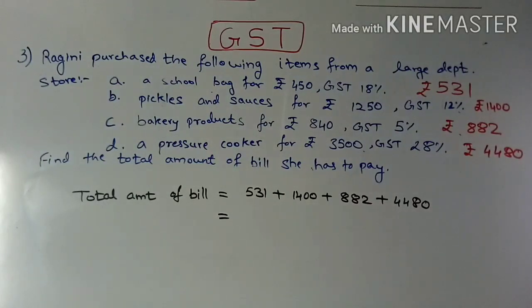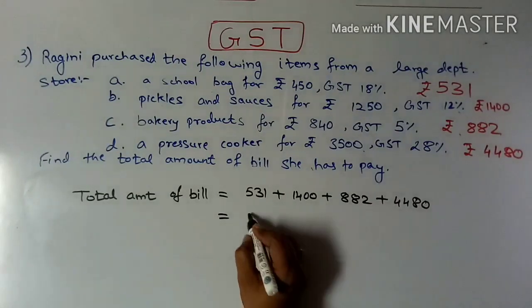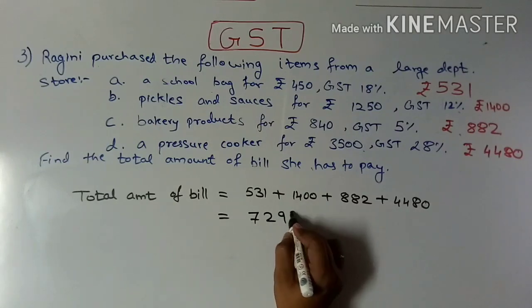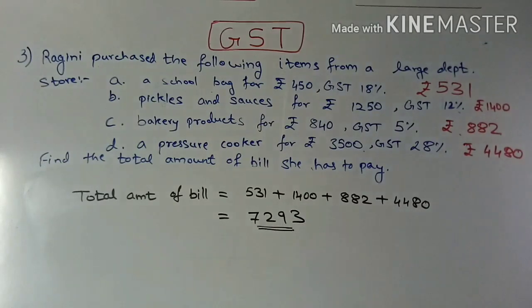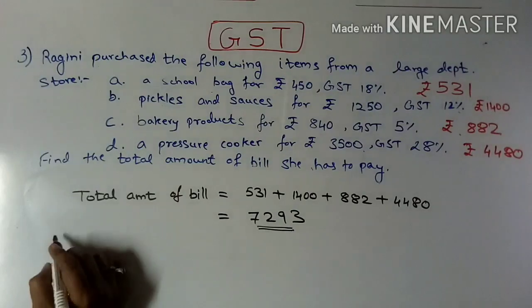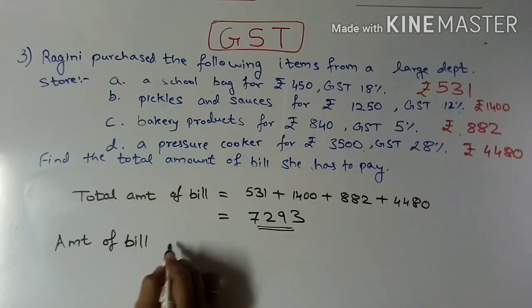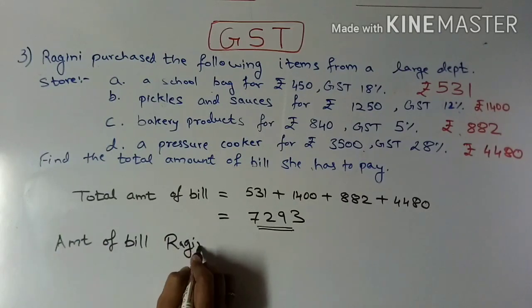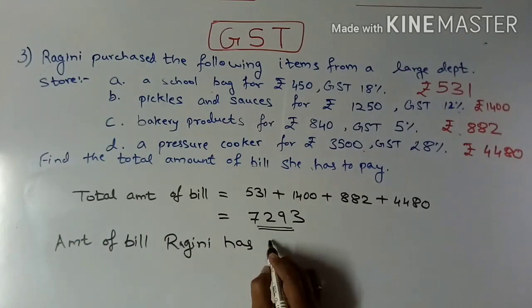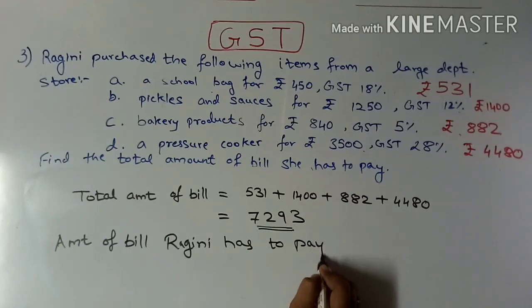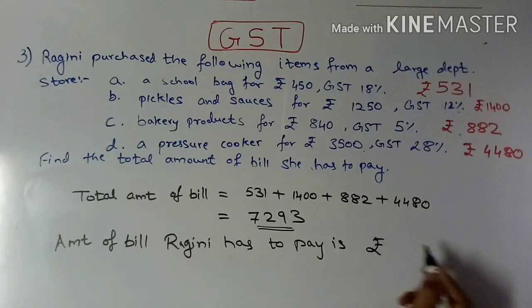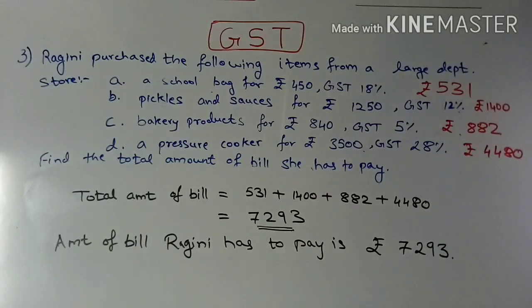Adding all of these gives me 7293. So the total amount of bill, an answer statement I'll write: amount of bill Ragini has to pay is rupees 7293 inclusive of GST.